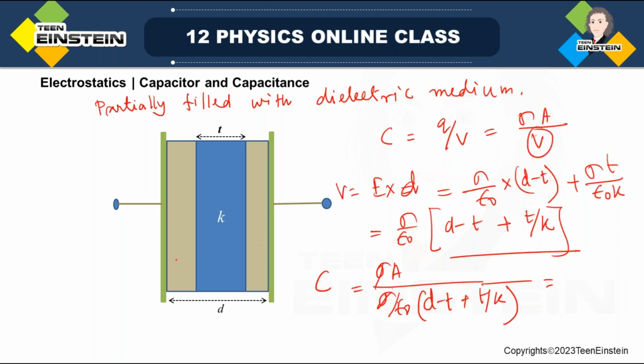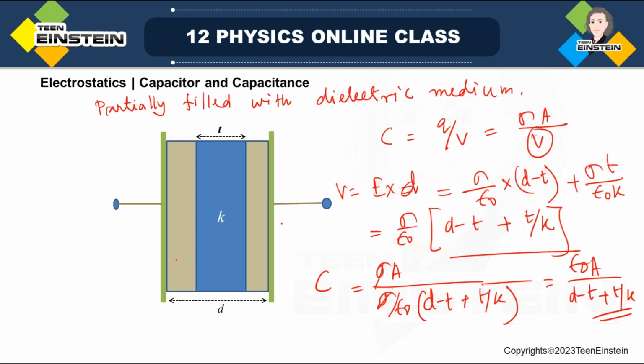The sigma will go away. So epsilon 0 A by D minus T plus T by K. Okay, so that is actually the formula.